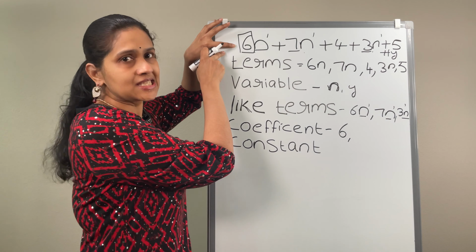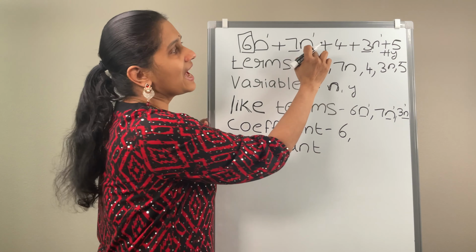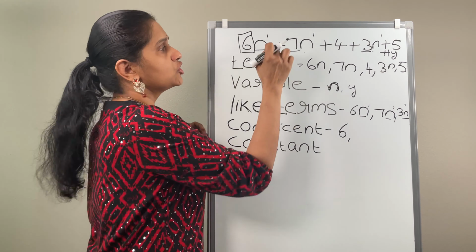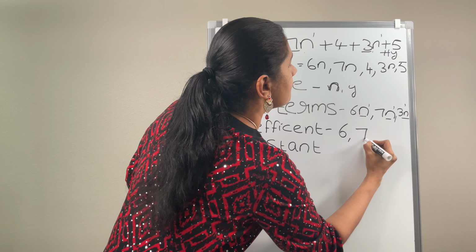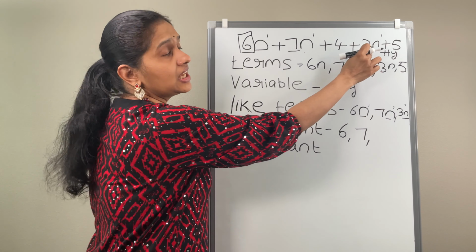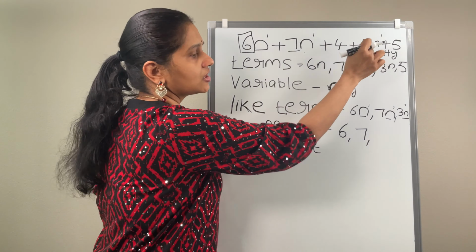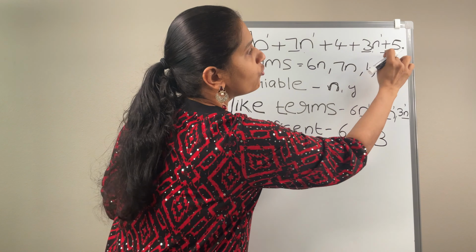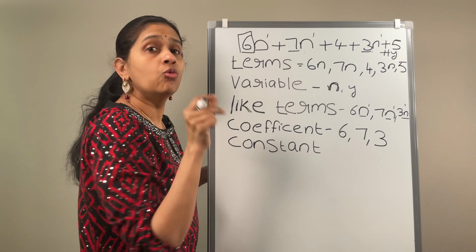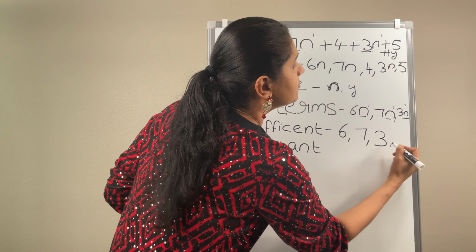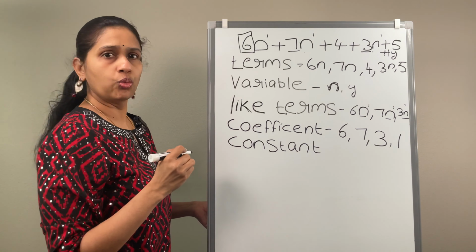It is 6. Similarly, for 7n, the coefficient is the numerical part 7. In the case of 3n, the numerical factor is 3, and y is the same as 1y, so the coefficient will be equal to 1.